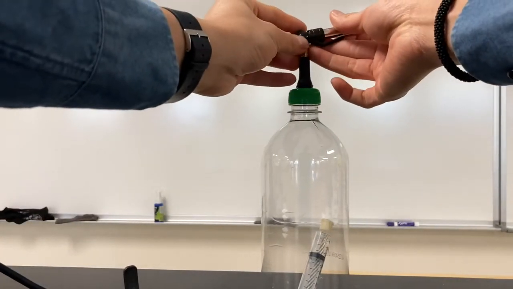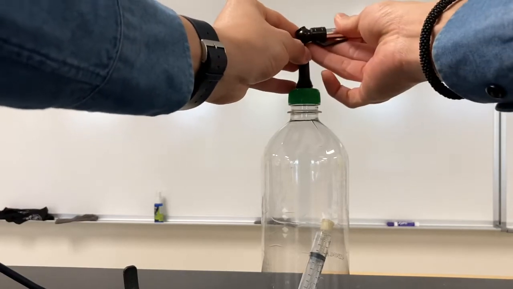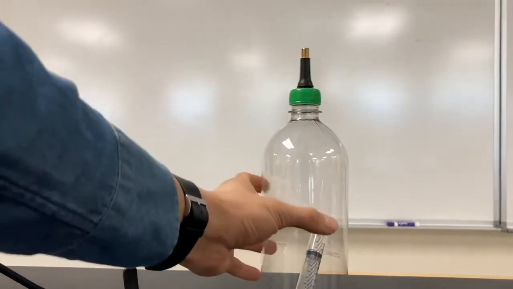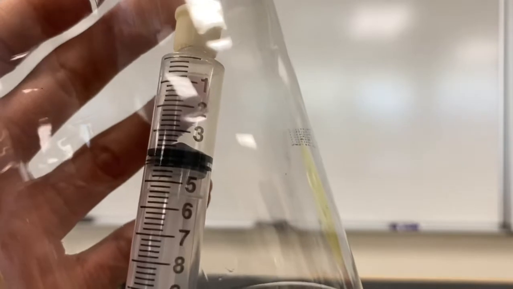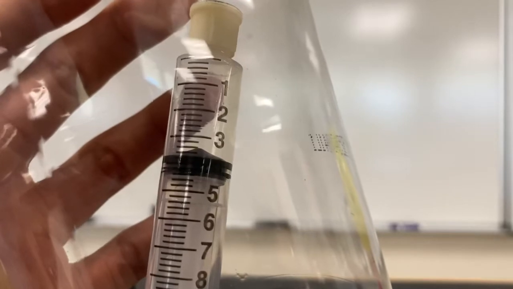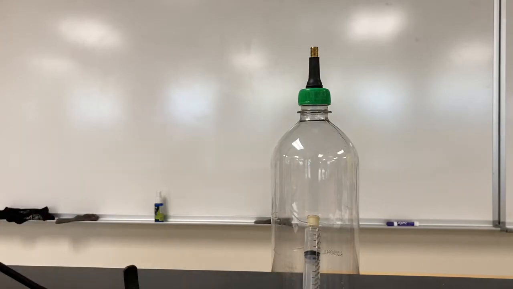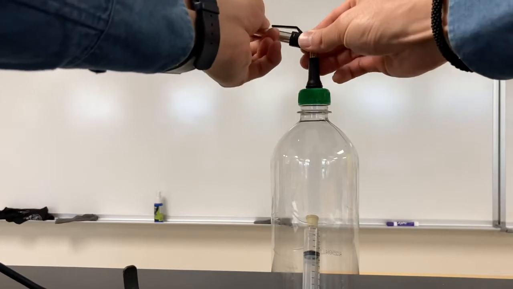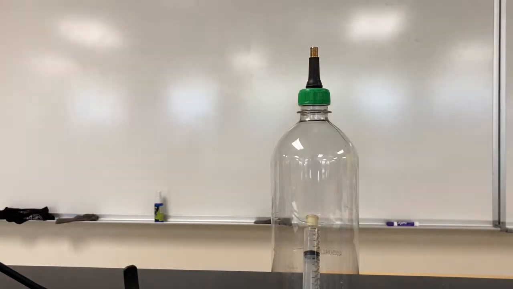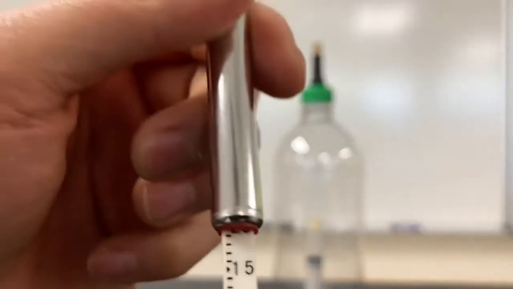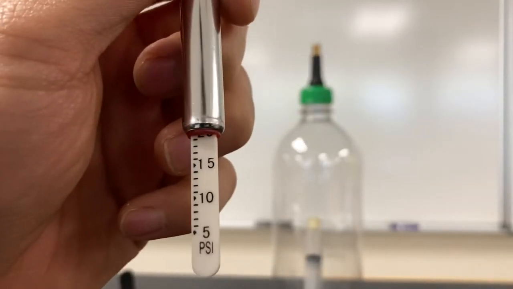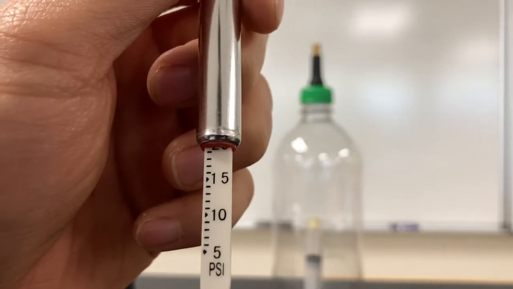So I'm letting out some air. Reading the volume. In this case, it reads about 3.7 milliliters. And now we want to read the pressure. Okay, the pressure reads 20 PSI.